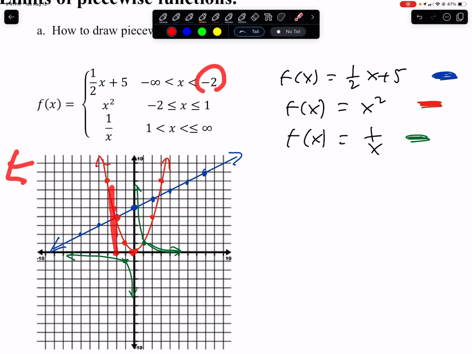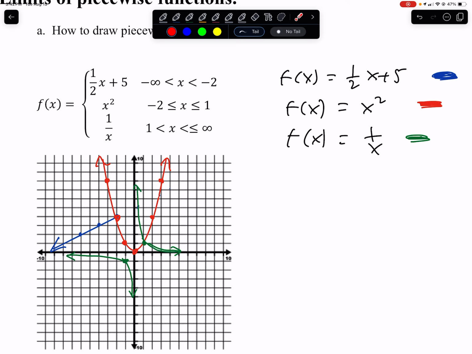Okay, so negative infinity is way out there. -2 is right here. So your blue graph can only exist in that region. So I'm going to erase everything that's outside that region. This is not part of the blue graph because it only exists up to -2. So anything to the right of -2 should be gone. I'm going to erase that.